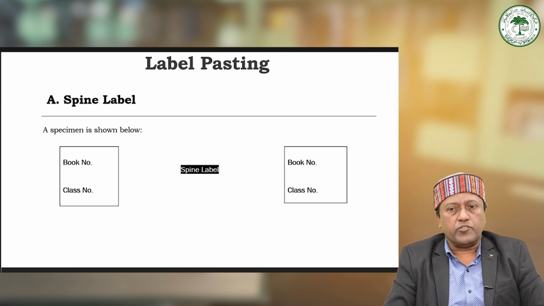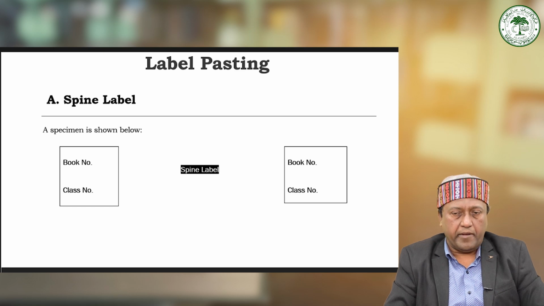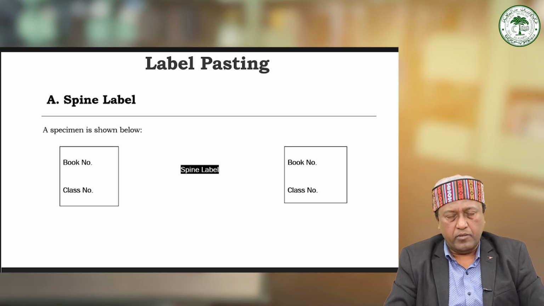Typically, gummed cloth is utilized, cut into round or square size, approximately 1.25 inches. These labels are carefully affixed to the bottom portion of the book's spine. Not in the middle, not at the top, but at the bottom portion.